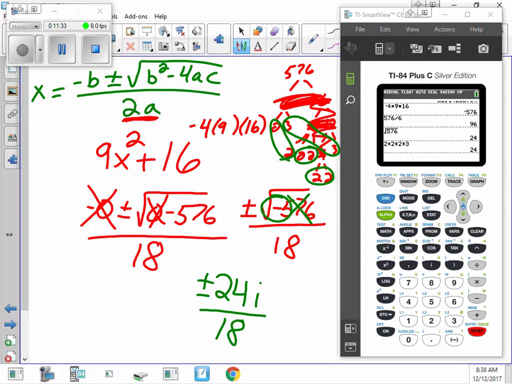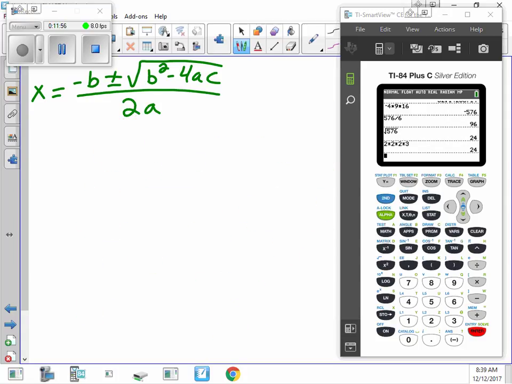What goes into 24 and 18? 2 does. 3 does. 6 is the largest one. So I'm going to pull out a 6, and I get plus or minus 4i over 3. Okay? All right, what about this?